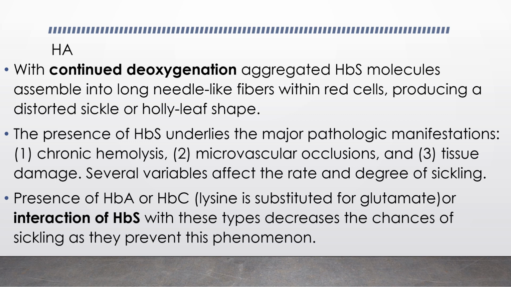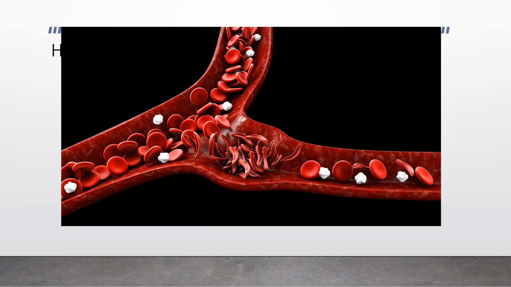HbA, of course, is the normal one. Here's a picture which shows sickle cells coming to almost block the entrance of a major ramification in the artery, and thus decreasing the movement of blood.